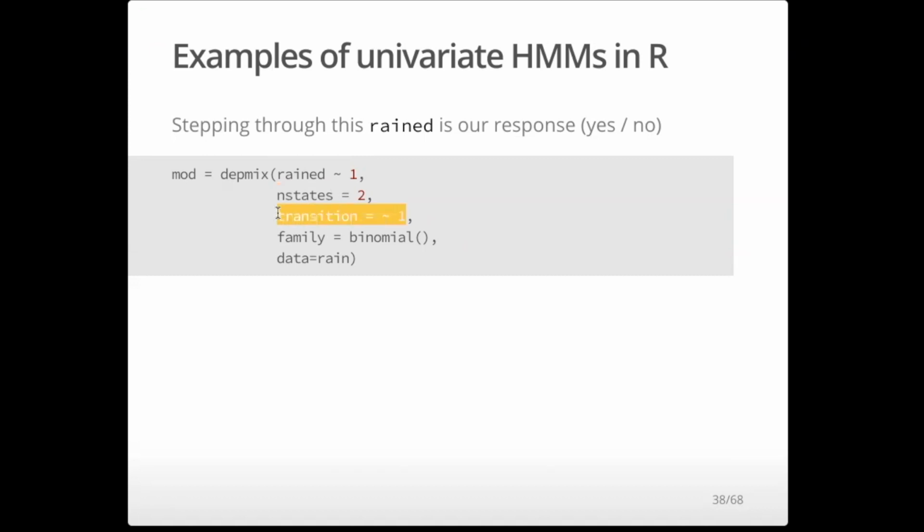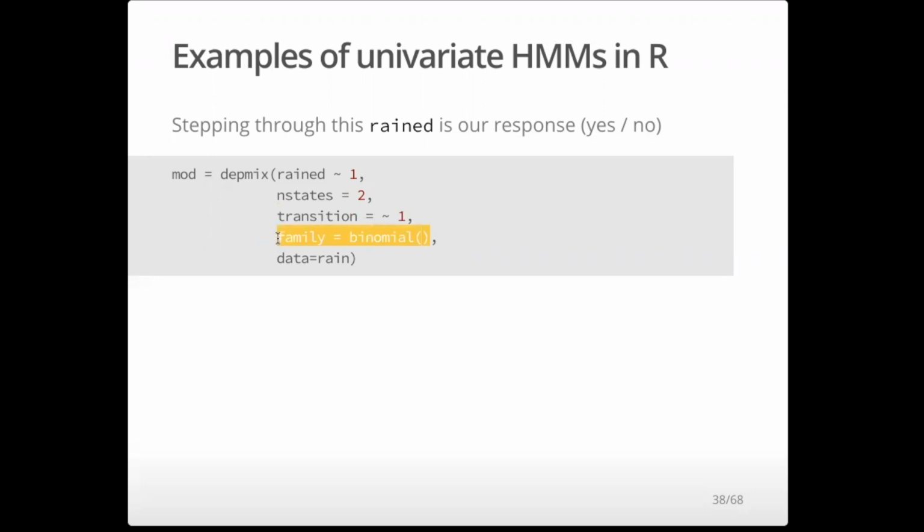And then third is the formula for the transition probabilities. As I alluded to earlier with the example of including a covariate in the transition probabilities, you can include transition probabilities as a function of covariates here, but we'll make this simple and just include an intercept.